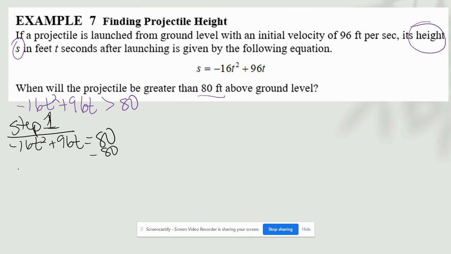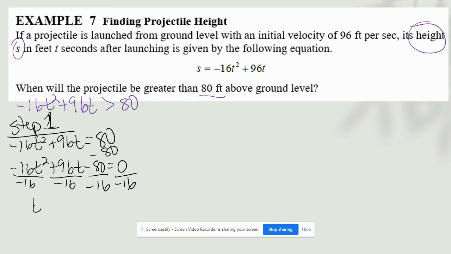So I am subtracting the 80. Now that it's equal to 0, I want to find a greatest common factor. Our greatest common factor for this is negative 16. So we're dividing everything by negative 16.